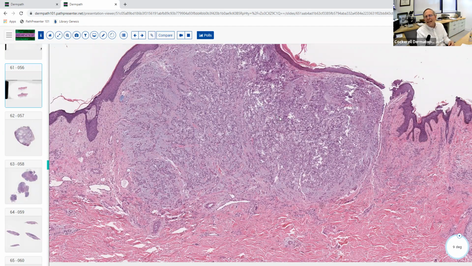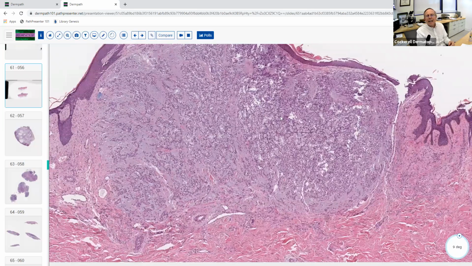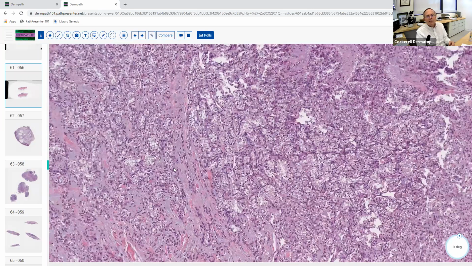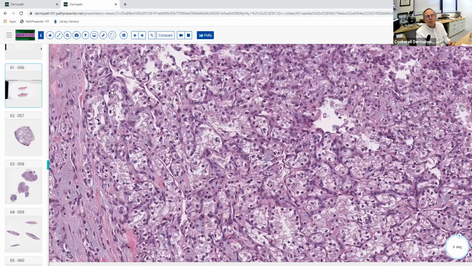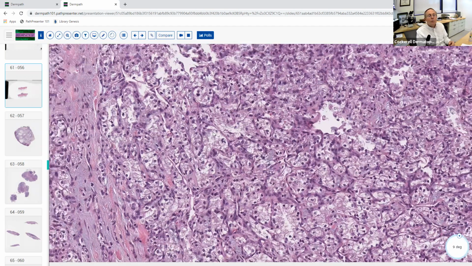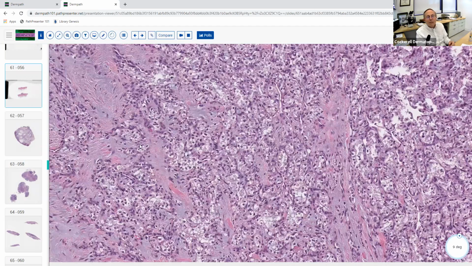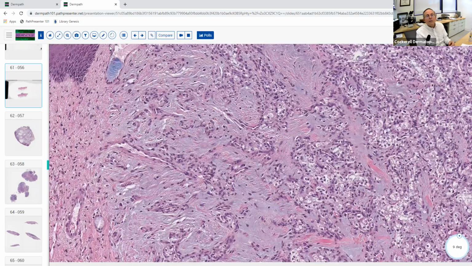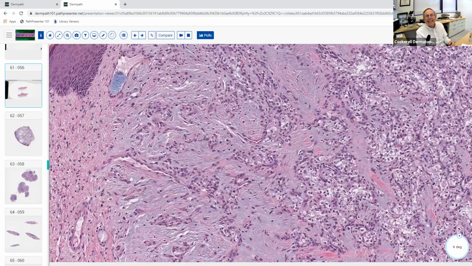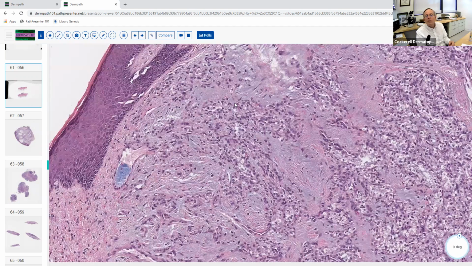These cells are pale. And as we go to highest magnification, we see these cells are arranged in these little small tubular aggregations here. And we'll look around and we're probably going to see some pretty significant blood vessels in here. Lots of large, dilated, ectatic blood vessels associated with this lesion.